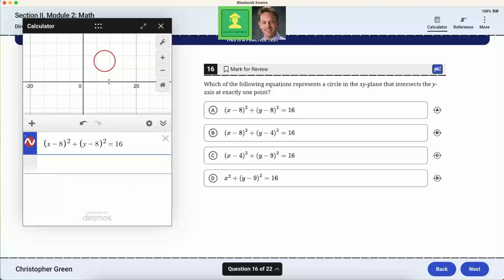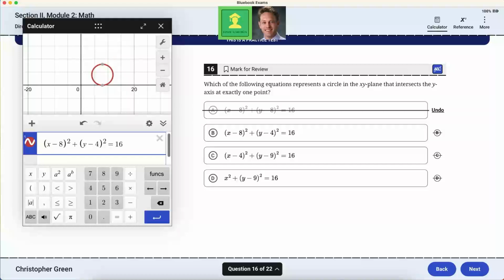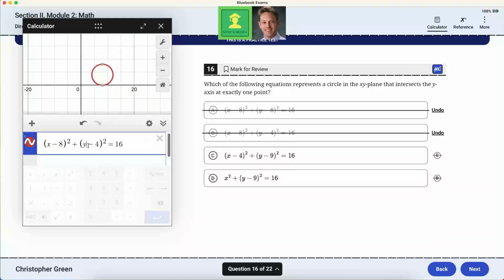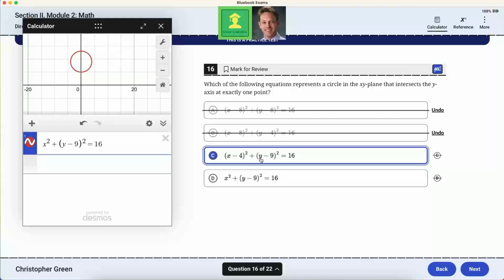You can zoom out and see that that does not touch either axis, so it's not A. And let's just manipulate them one at a time. Changing this to a 4, well, that actually hits the x-axis at exactly one point, but not the y-axis. Then to make C as in cat, I change this to a 4 and this to a 9. Sure, that's the answer. It touches the y-axis at the point 0, 9. But just to be thorough, if you remove this, it touches the y-axis at 2 points. So it's C as in cat.